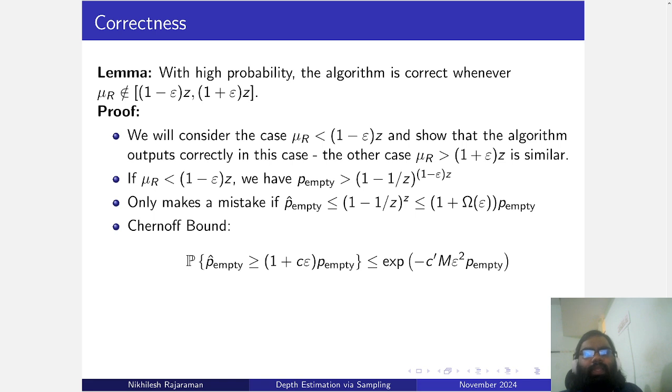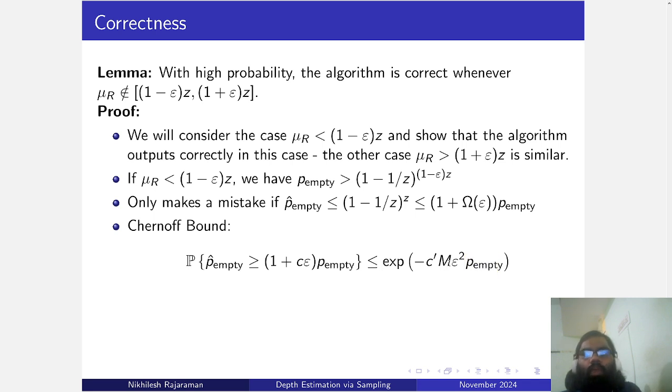I've written down the standard Chernoff bound here. The probability that the estimate is more than an order epsilon multiplicative factor away from the true value is at most e to the power minus some constant times m, which is the number of samples we use to make the estimate, times epsilon squared times the true value of the emptiness probability.